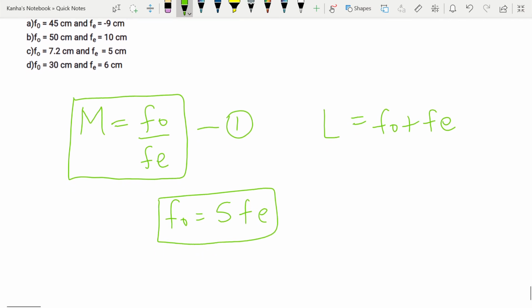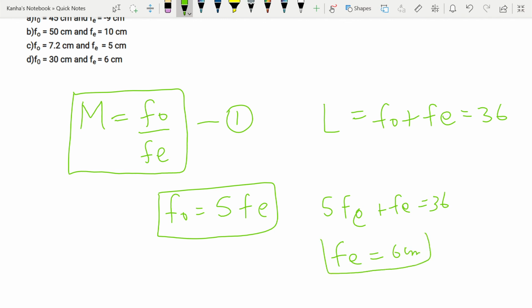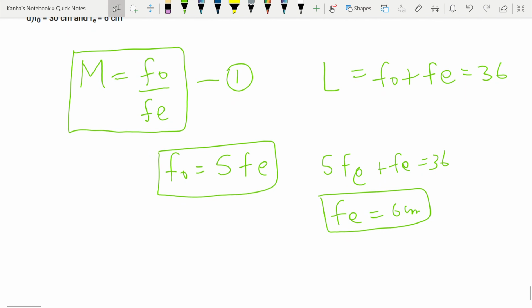With this in hand, we have f0 plus fe is given to be 36 centimeter. So I can write 5 fe plus fe is equal to 36, or fe turns out to be 6 centimeter. Now that we have fe, I can write f naught. So f naught is 5 times fe, which is nothing but 30 centimeter. So we have both the values.